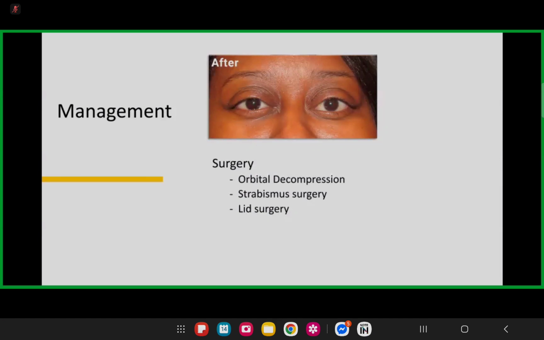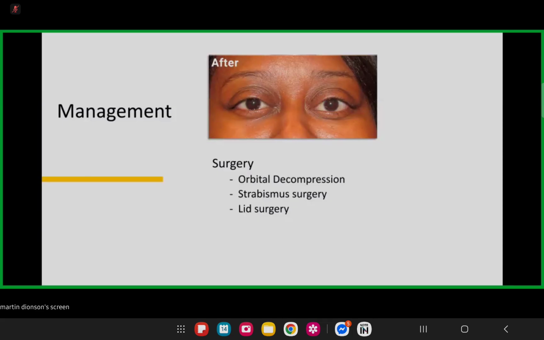So once you treat your patients, then you would see a significant change. The eyelid positions are back to normal. So the upper cornea is now covered by your normal eyelids, and there's less exposure of your conjunctiva. Okay, so mainly it's just taking control of your thyroid problem with medical intervention.